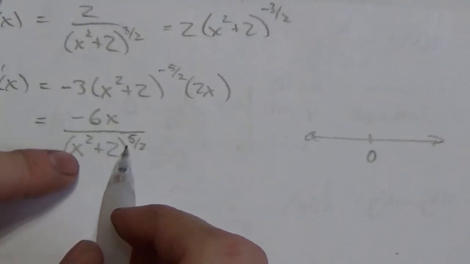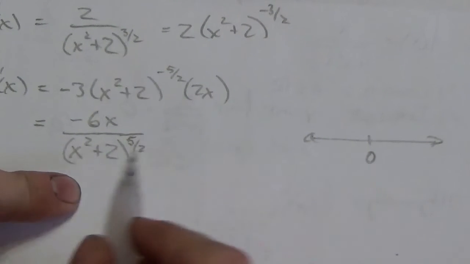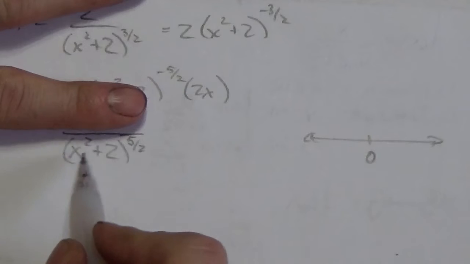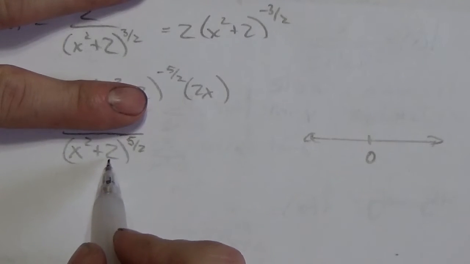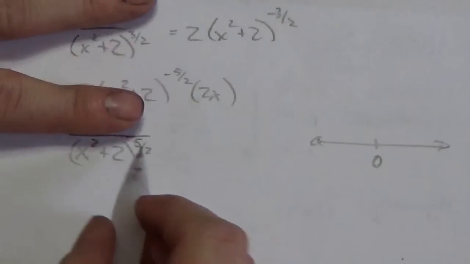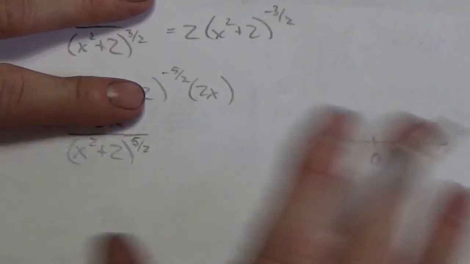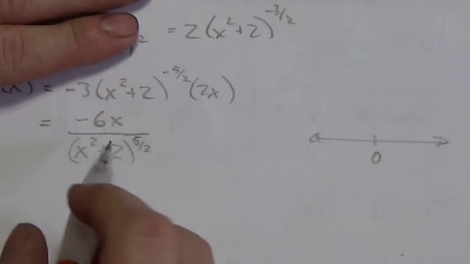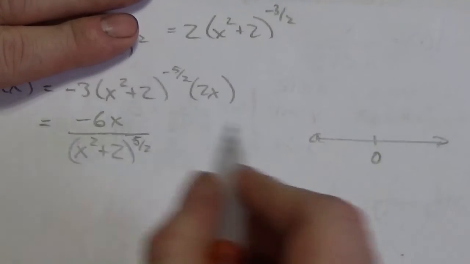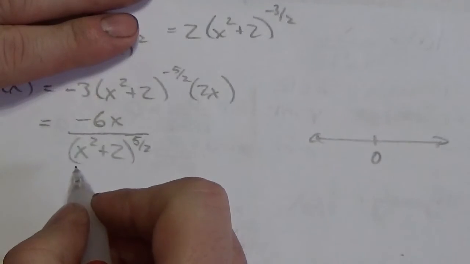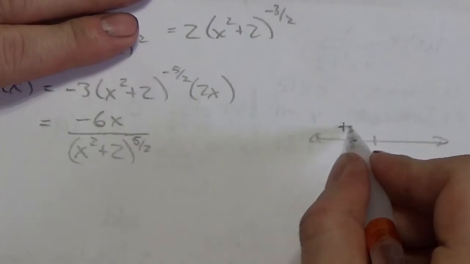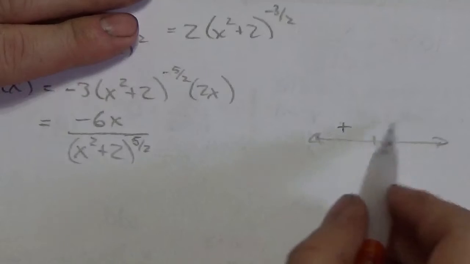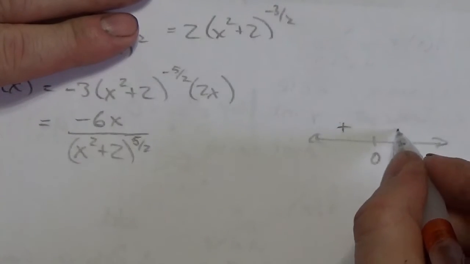So if I plug in a negative value, squared plus 2, to the 5 halves, the denominator will always be positive no matter what I plug in. So it's really just the numerator that's the issue, and if you plug a negative into that, the numerator becomes positive. If you plug a positive into the whole thing, the numerator becomes negative.